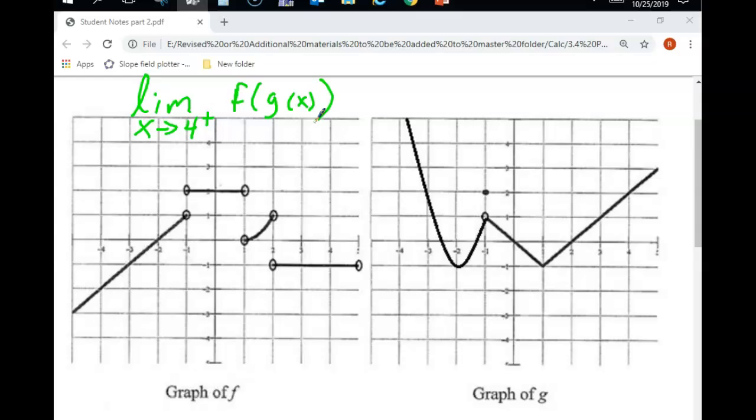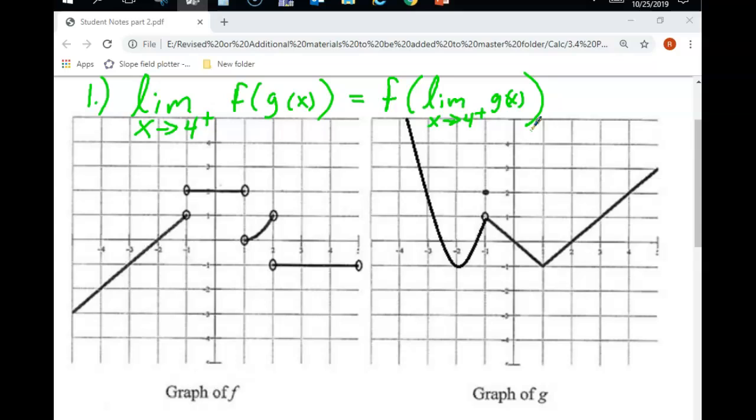Okay, so let's do our first step, which is where we're going to take our limit and plug it in here, right? You guys good?